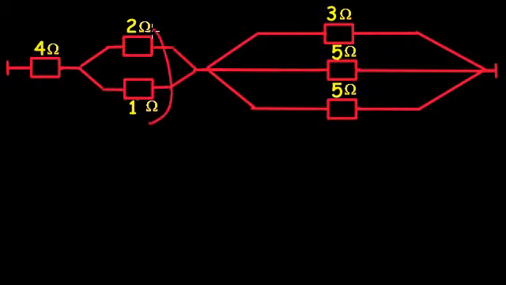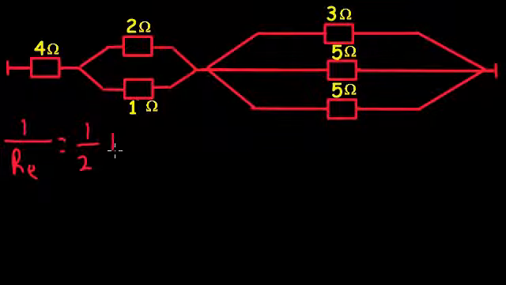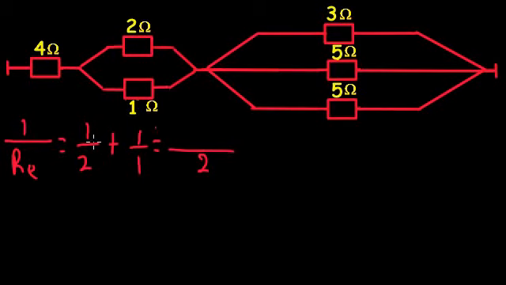So R_eq for these arrangements, I'm using red color for that. That will be the reciprocal: 1 over R_eq equals 1 over 2 plus 1 over 1. If the LCM is 2, we have 2 in 2 is 1 times 1, we have 1, plus 1 in 2 is 2, 2 times 1, we have 2, which is 3 over 2.